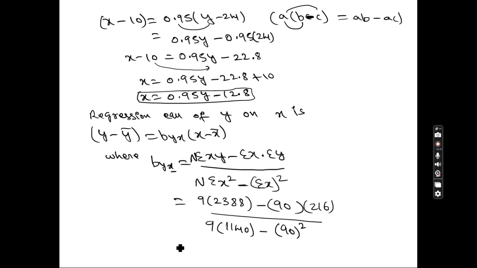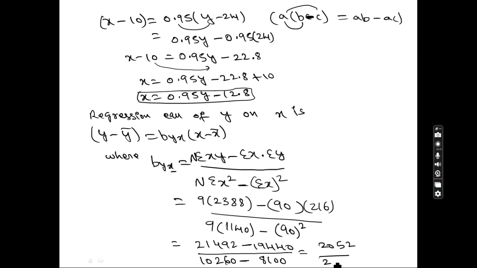If you substitute here, you will get the numerator 21,492 minus 19,440, divided by 9 into 1140, which is 10,260, minus 90 square, which is 8100. If you subtract these values, you get 2052, divided by 2160.